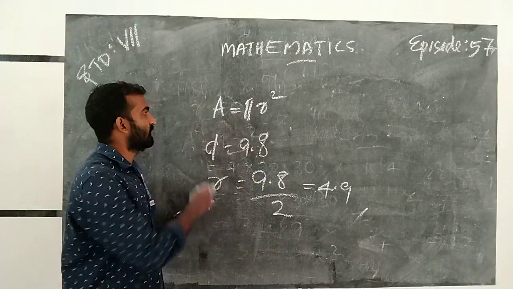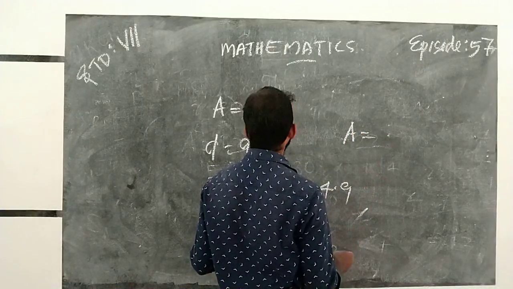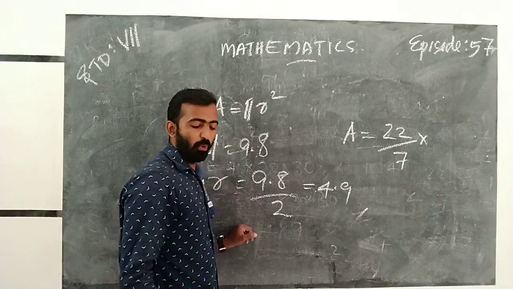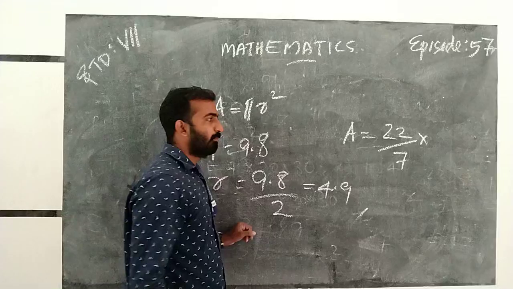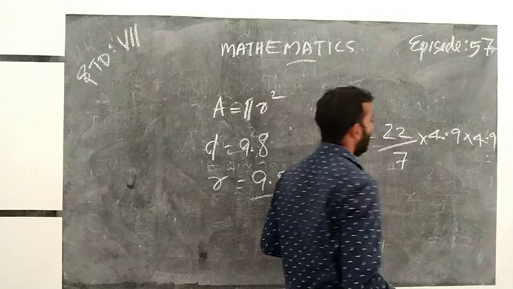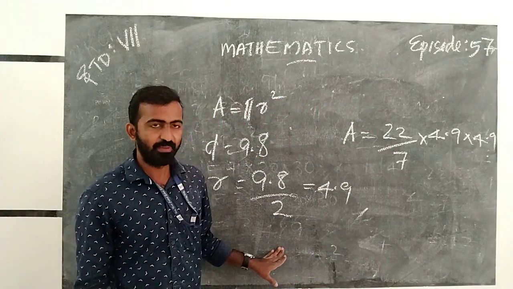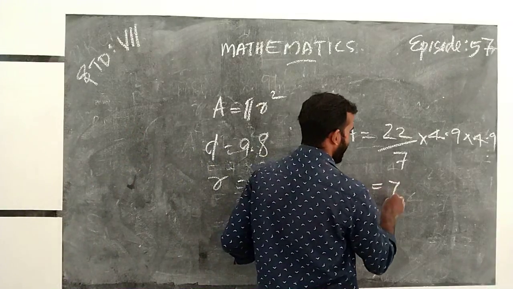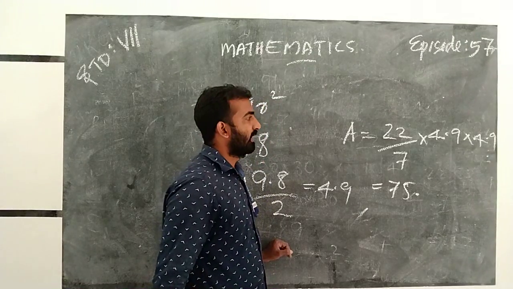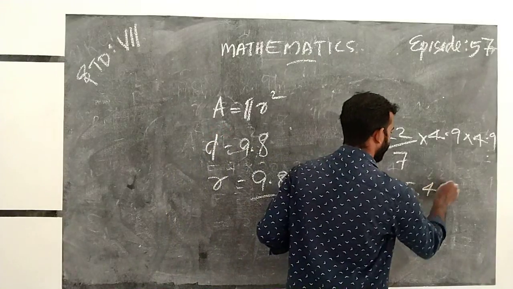So we can find the area equal to 22 by 7 into 4.9 into 4.9. Is it? Yes. Then what is the answer? We get 75.46 meters square.